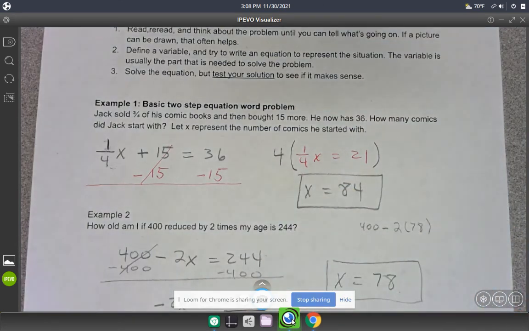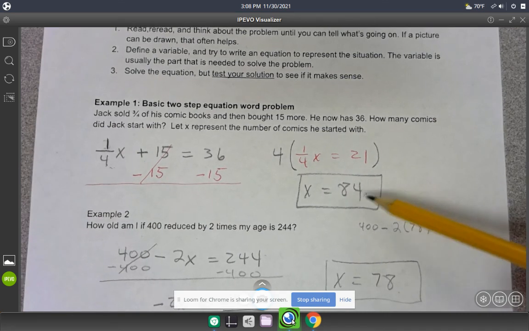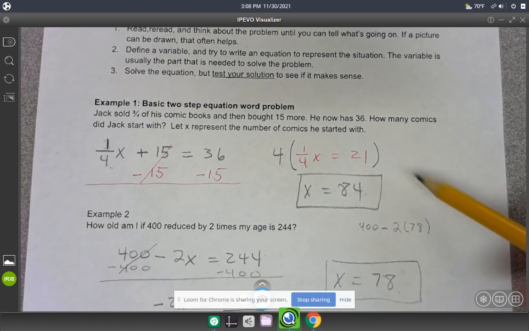So if you wanted to test this situation out to make sense of it, Jack sold 3/4 of his original collection. If he had 84 to start with, he would have sold 3/4 of them. 3/4 of 84. Let me think about what that's going to be. 21 times 3 is 63.